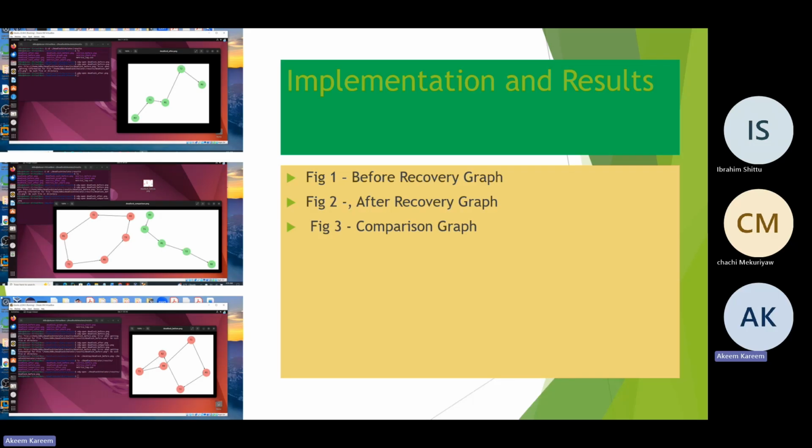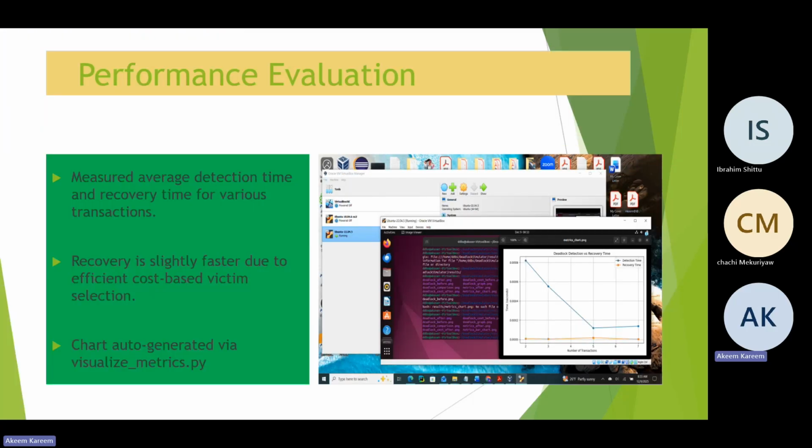Moving on to the next slide, this is where I'll be talking about the performance and evaluation. The chart here compares the average deadlock detection time and recovery time for different numbers of transactions. As you can see, the orange line represents the recovery time, and the blue line represents the detection time.